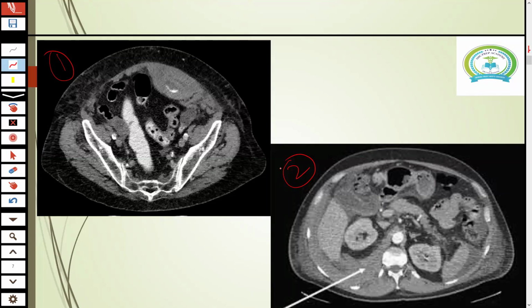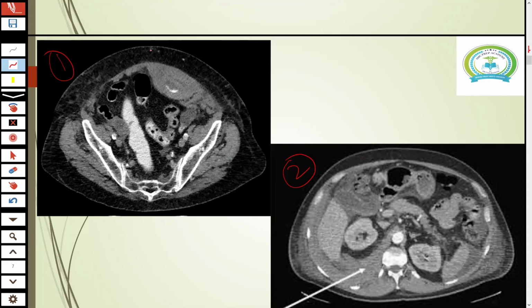Okay, rectus hematoma. The first one is rectus.